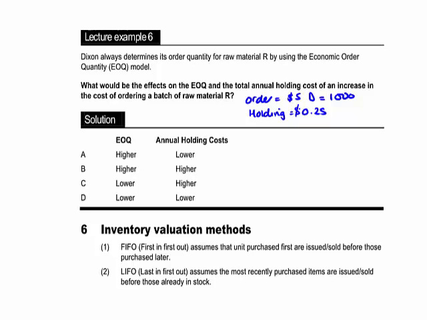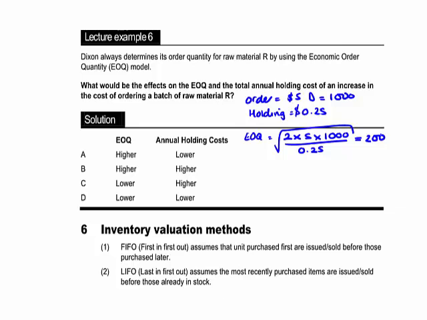So what I'm going to do is use my made up numbers and work out the EOQ for them. So 2 times the cost of placing an order times the annual demand divided by the cost of holding 1 unit for 1 year, square rooted. I've completely made those numbers up, but I chose them because they give me an EOQ of 200.